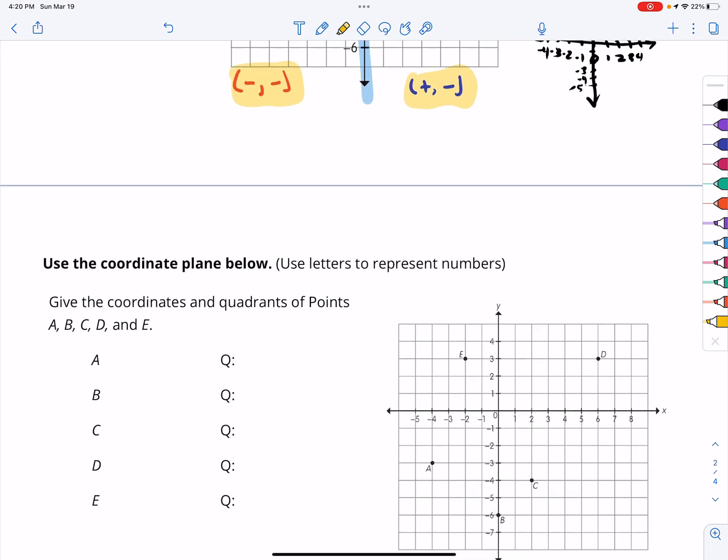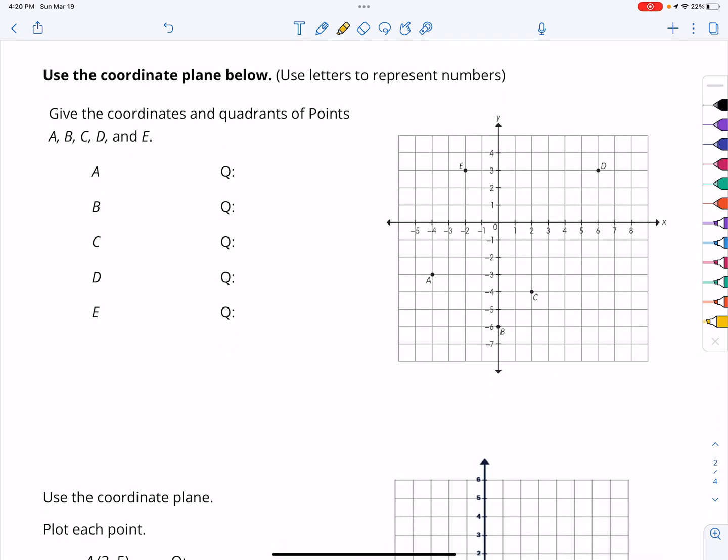So, looking at some sample problems, and I pulled these from the review, but I think they are a nice practice at this.